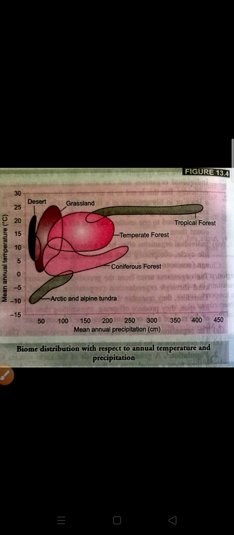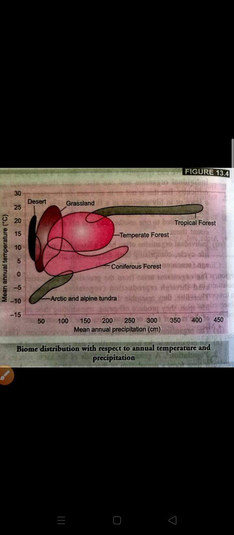So, children, if you remember, in the beginning of the chapter I told you about the several categories by which we can explain the different types of biospheres. All the biomes come under one biosphere, meaning the living area where life is present on earth.